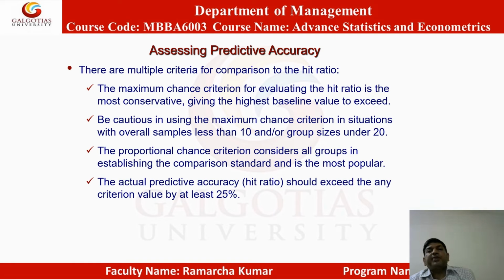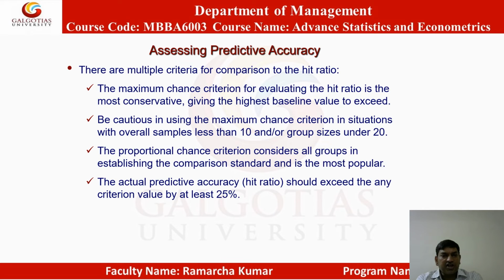Okay, assessing predictive accuracy. There are multiple criteria for comparison to the hit ratio. The maximum chance criteria for evaluating the hit ratio is the most conservative, giving the highest baseline value to exceed. Be cautious in using the maximum chance criteria in situations with overall samples less than 10 and or group size under 20.